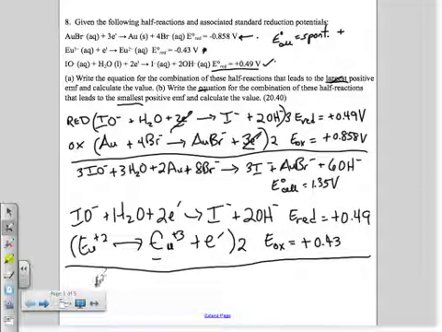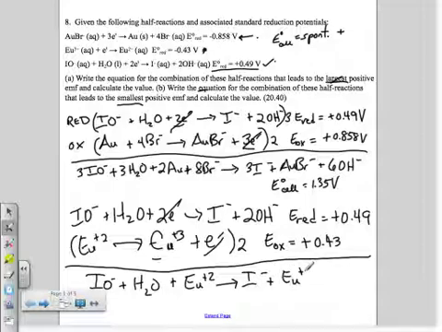So coming down here, I have IO minus plus water, nothing's canceling but the electrons, plus 2 Eu to make I minus plus 2 Eu plus 3 plus 2 OH minus. And the E cell, by combining those 2 half reaction EMFs, comes out to 0.92 volts.